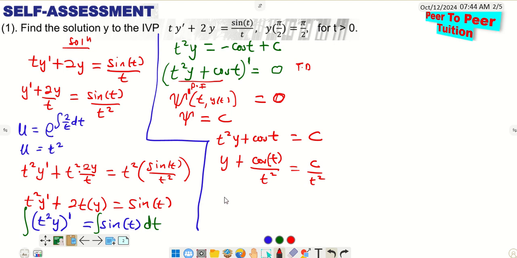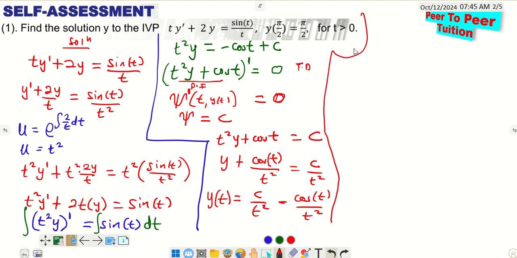By grouping like terms, y equals c over t squared minus cos t over t squared. That is the solution, and it is always expressed as a function of t.